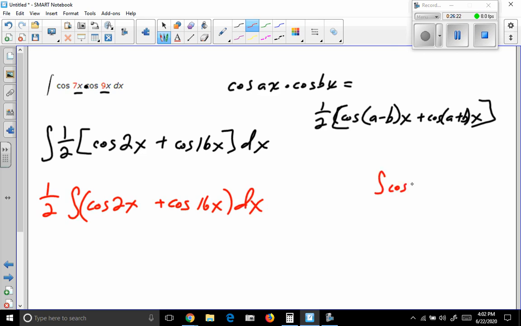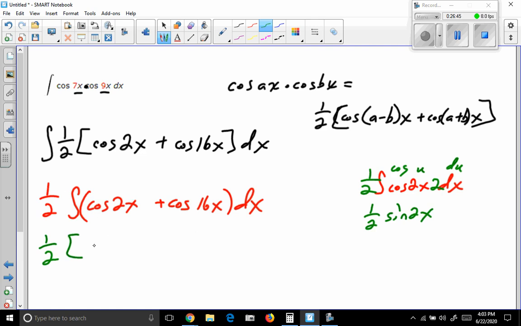So just real quickly, if we're integrating cosine 2x, that's u. So du would need a 2 there and a 1/2 there. The integral of cosine is sine. So we already have 1/2, and then when we integrate cosine 2x, we get another 1/2 sine. If we're integrating cosine of 16x, if that's u, then du needs a 16 there, so a 1 over 16 out there.